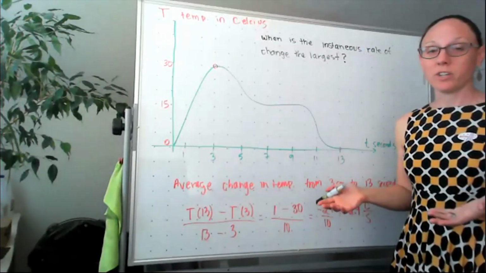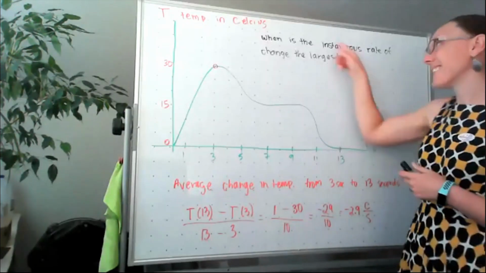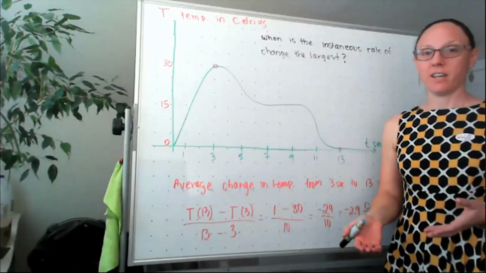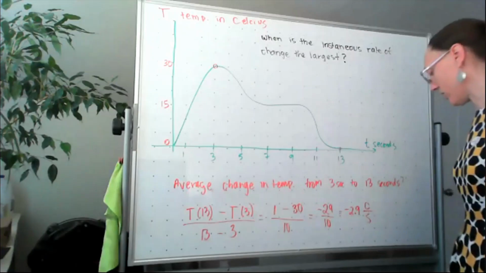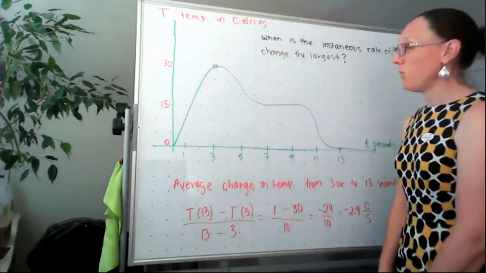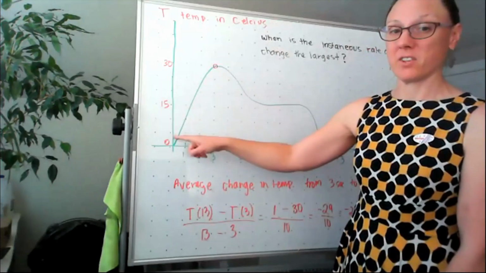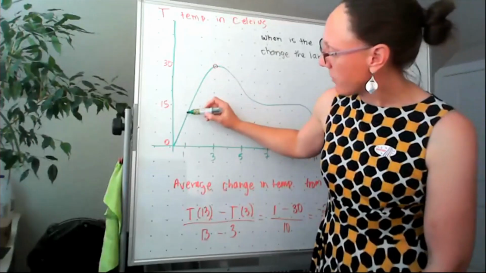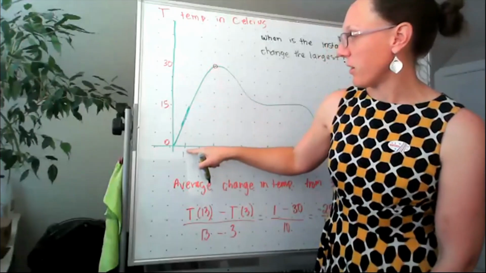So now I'm going to look at the graph, and instantaneous rate of change means the slope of the tangent line. And I'm looking for the largest slope of the tangent line on this graph. Well, I'm going to say that right here is probably the steepest positive slope. So maybe I'm going to estimate that the steepest positive slope is right there at about 1.